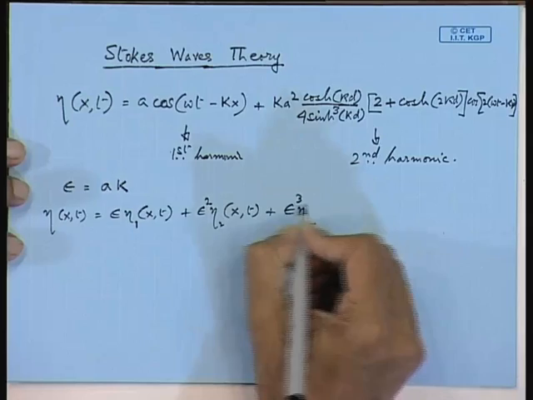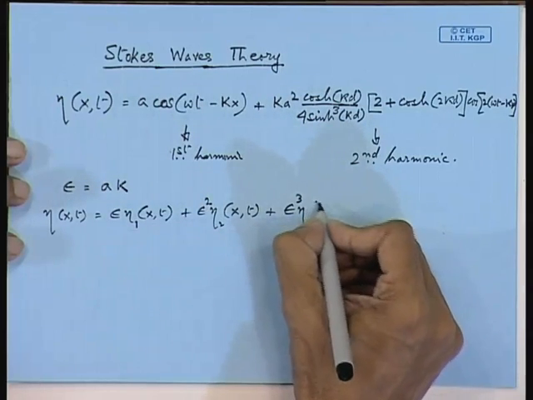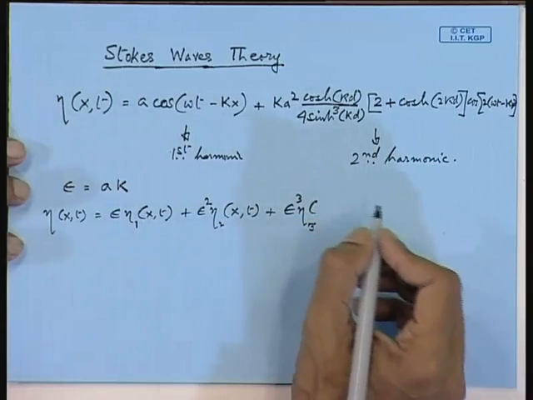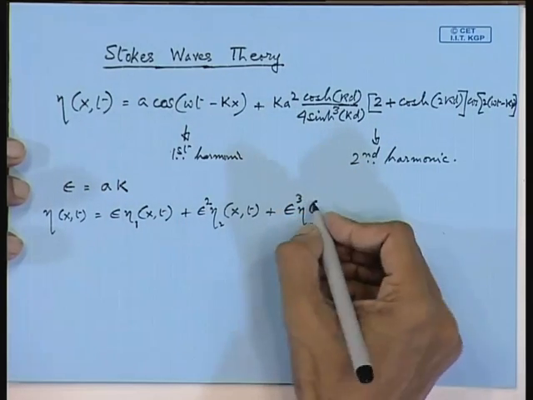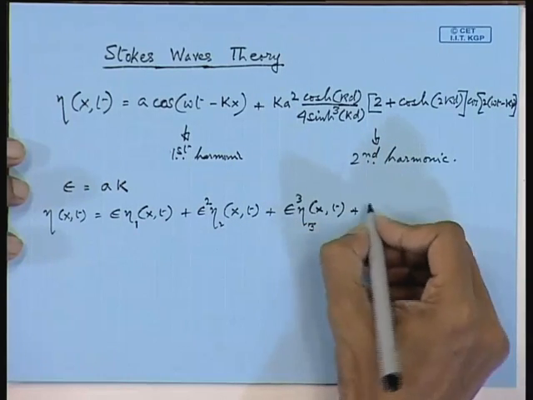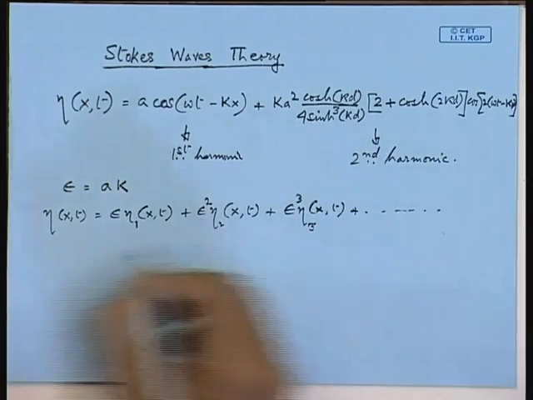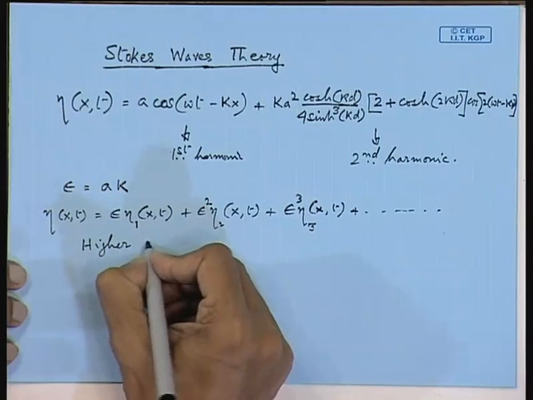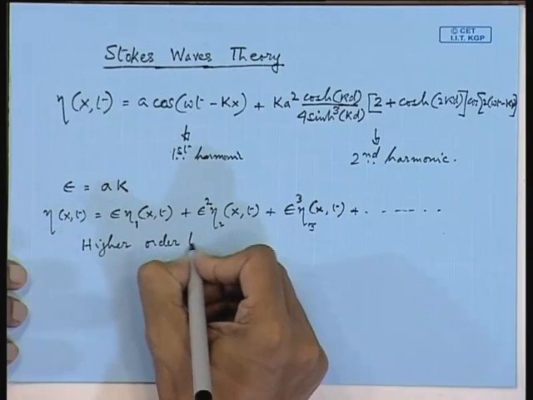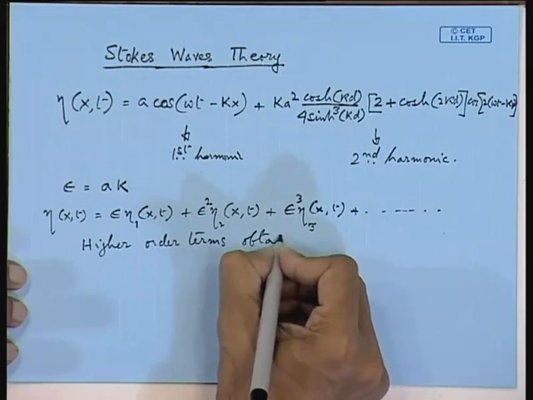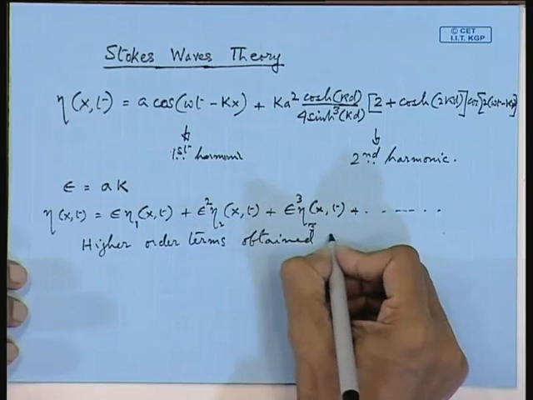Now, each iteration consists of putting the first two terms of the previous terms into your nonlinear equation, especially the Bernoulli's equation. So, you will get the higher order terms obtained from previous terms.